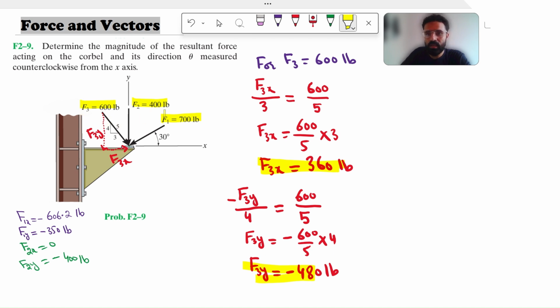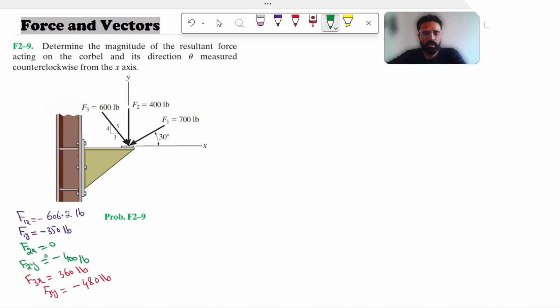Now I will be measuring the resultant horizontal force, and then the resultant vertical force. Then I will be applying the magnitude formula. Then we'll be solving for the direction. So now I will find the Fx, and then I will be finding the Fy.